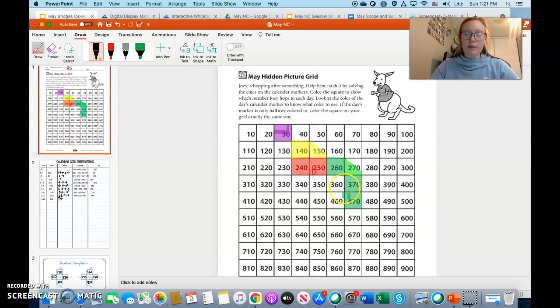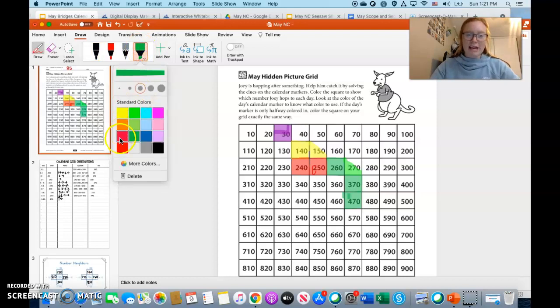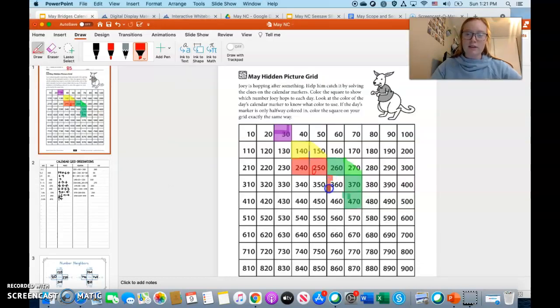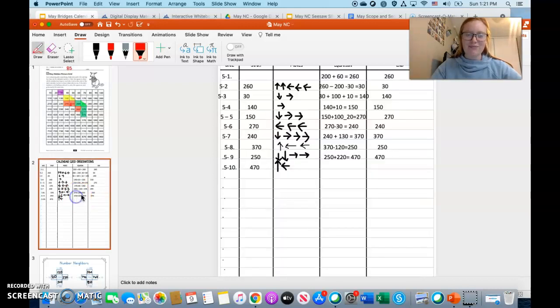So we go here, and remember we're using red. So I'm going to change my highlighter again. So we're switching between red and green today. So many different colors. So up 1 to the left 1. We left off at 360. 360. It's also the number of days we have in a year, which is kind of cool.